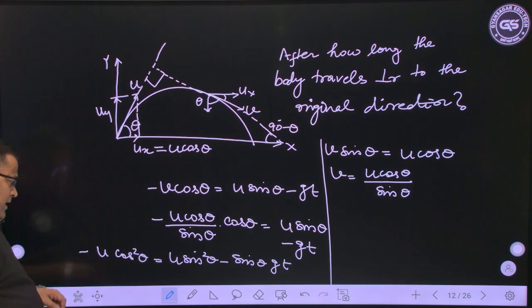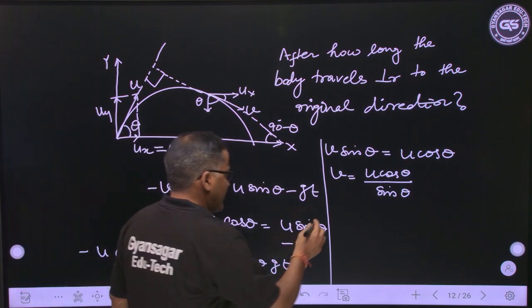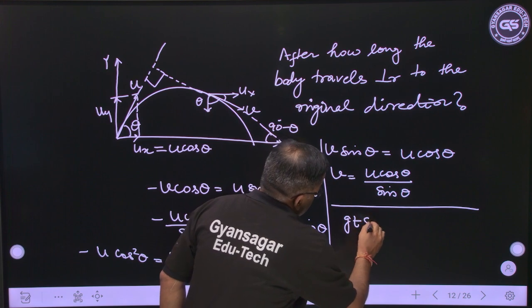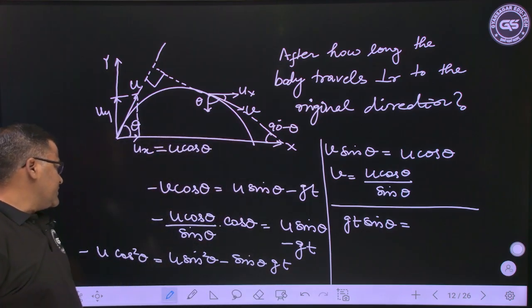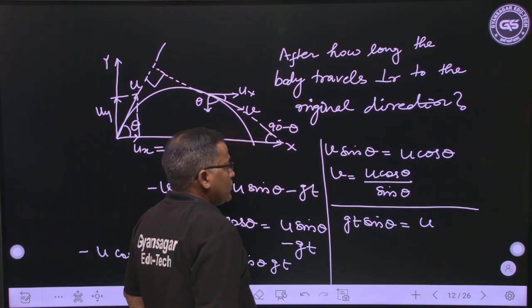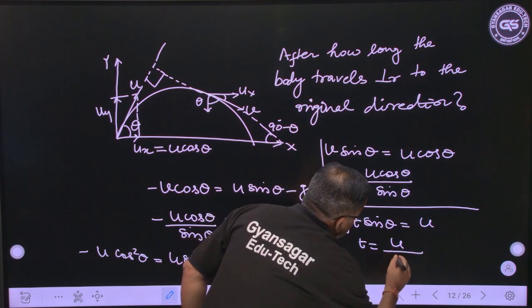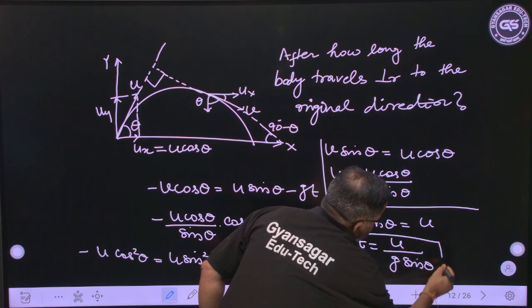So from this line I will take it this side and this thing to this side. So gt sin theta equal to u. So from here t equal to u by g sin theta. This is the answer.